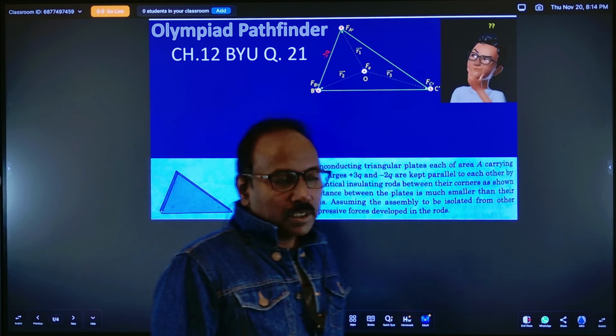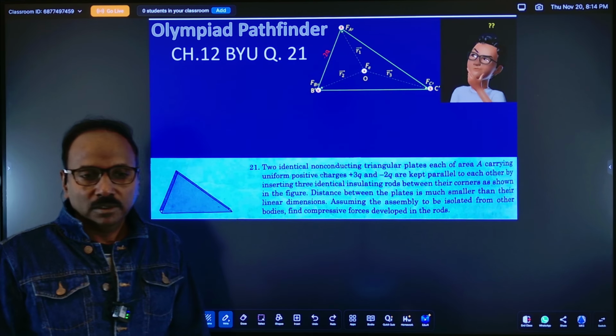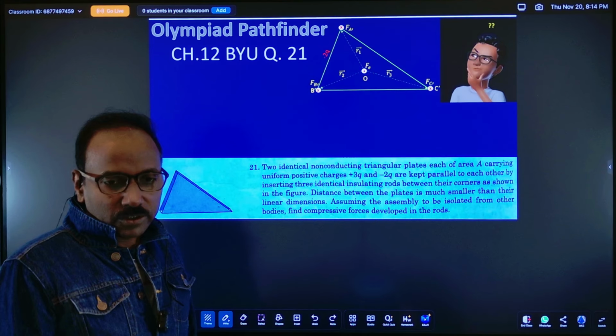The question has been taken from Olympiad Pathfinder, Chapter 12. Build your understanding, question number 21.